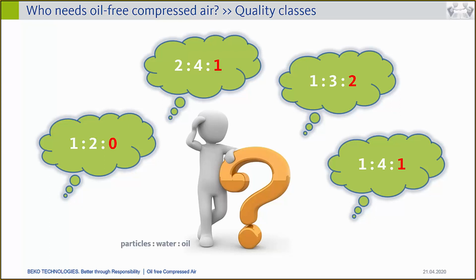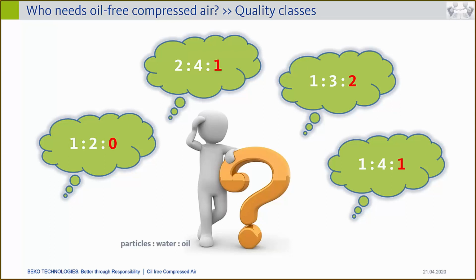Then you may have also realized that there is quality class 0 mentioned here in terms of oil. And what about that? In my opinion, class 0 is mostly perfect marketing communication, but it tells you nothing, in fact.